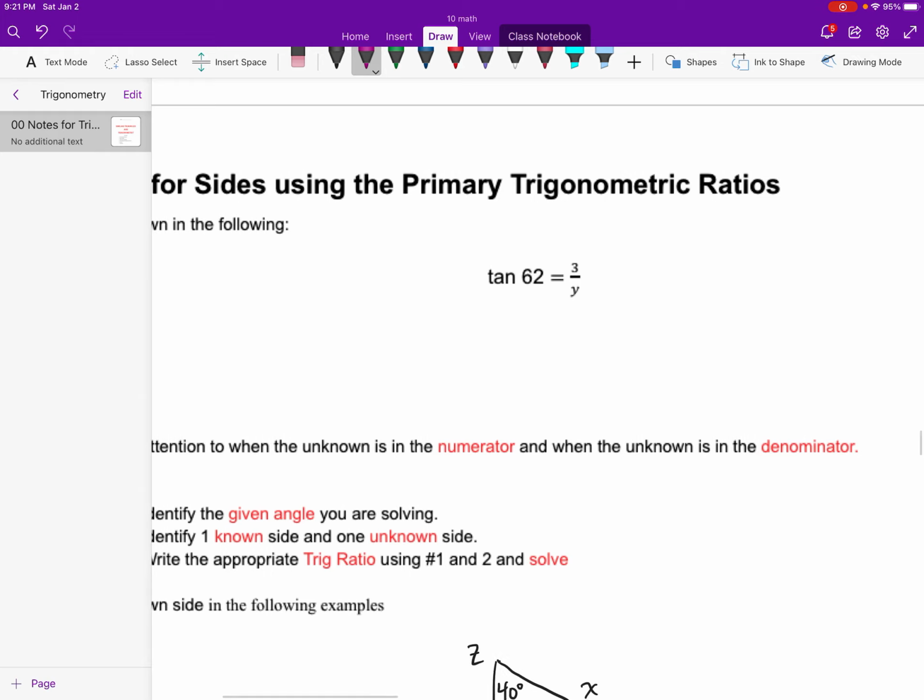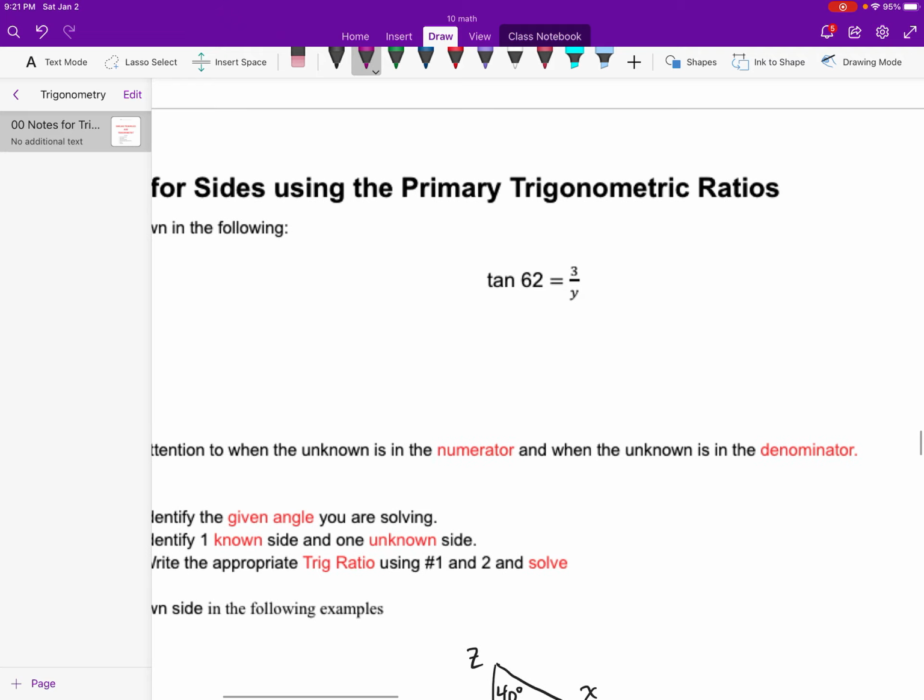Here we have tan 62 equals 3 over y. This one's a little bit more confusing in terms of solving for y because you have an unknown on the bottom. So I like to multiply both sides by y because this makes things simpler, since now these y's cross out. So you have y tan 62 equals 3.